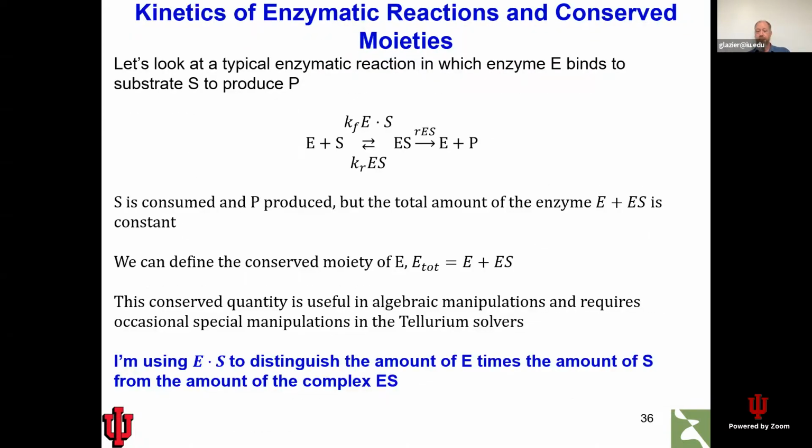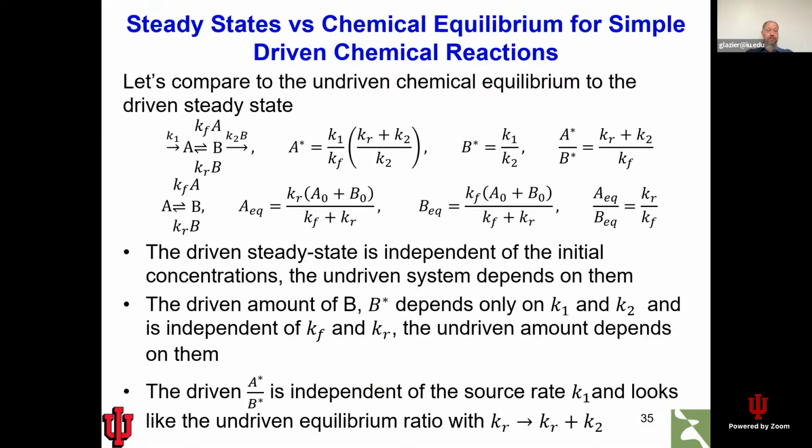Yeah, William. Well, on that slide, for the K2 in the numerator, you shouldn't think of it like increasing K2 will increase the amount of A. You think of it like increasing K2 will decrease the amount of B. Precisely, exactly. Because you're only looking at the ratio. Very good point.